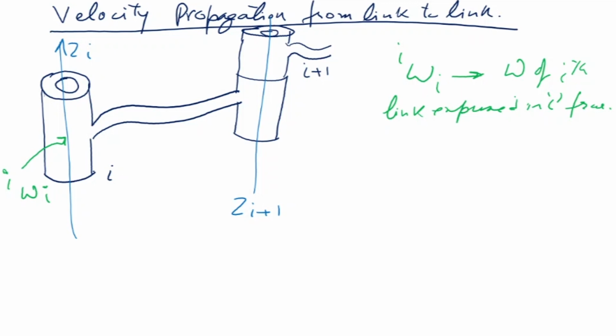So we have angular velocity omega and a linear velocity which is v i. Similarly v i means the velocity of the ith link expressed in the ith frame. And in the forward direction here we have the angular velocity omega i plus 1, and here it is v i plus 1.